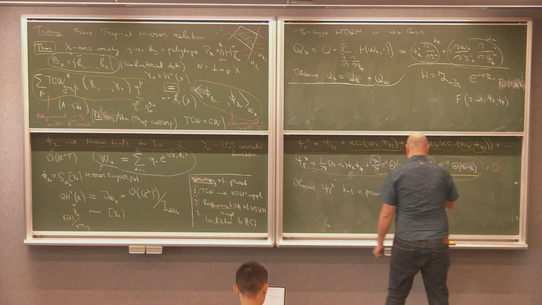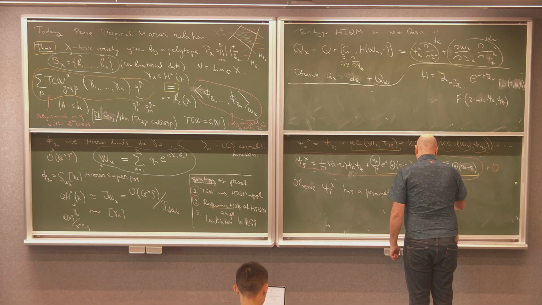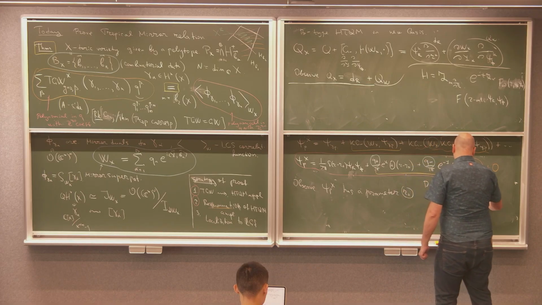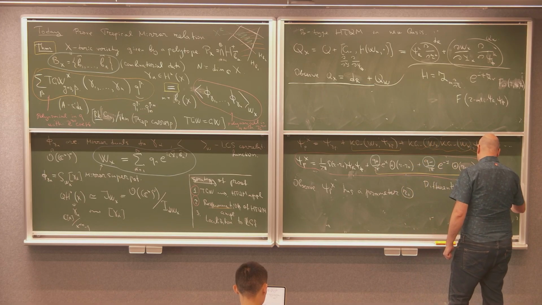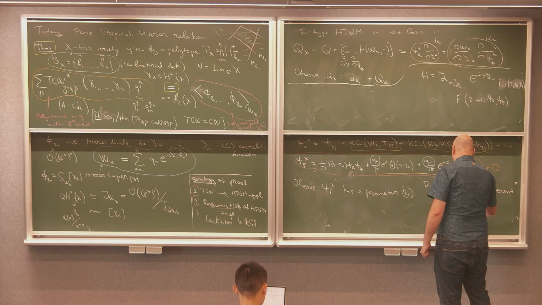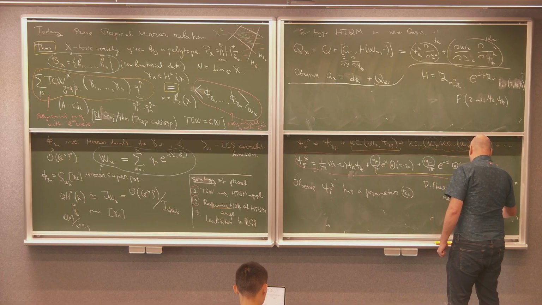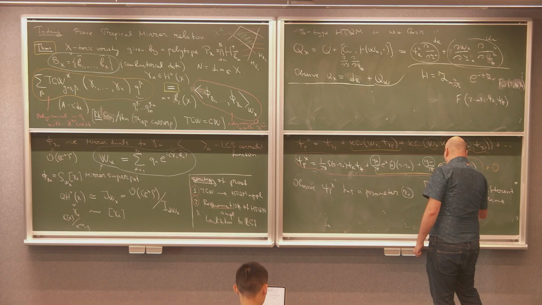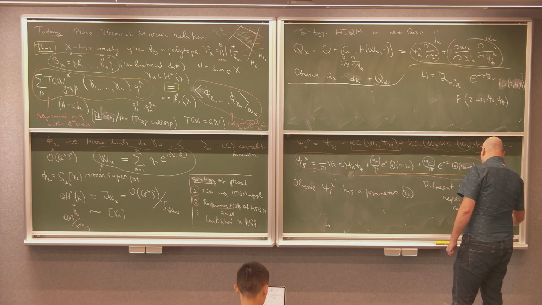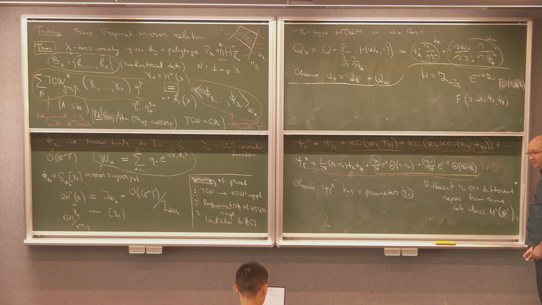So different R0s are different representatives from the same cohomology class. And this cohomology class is just H2 of P1.